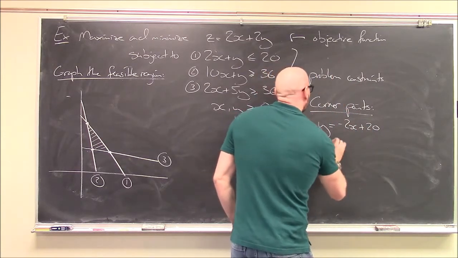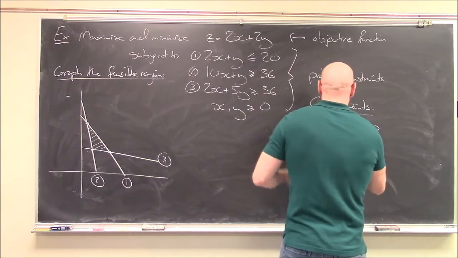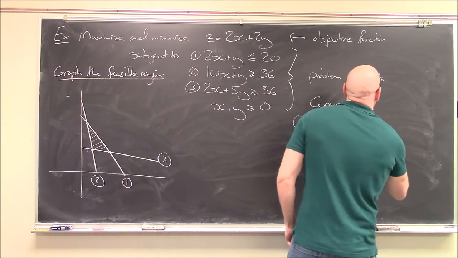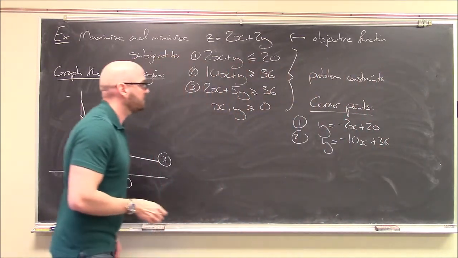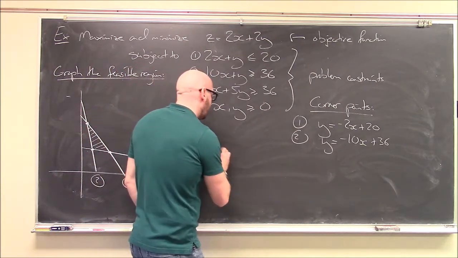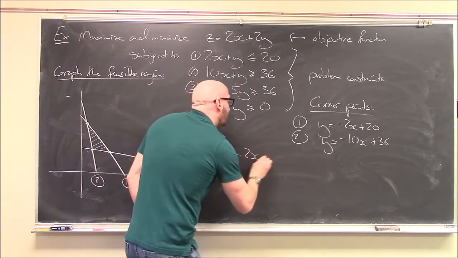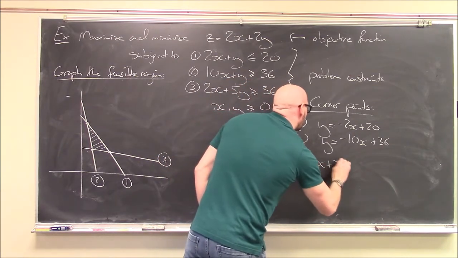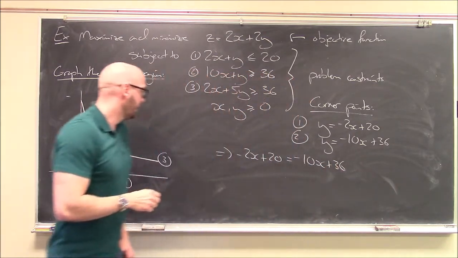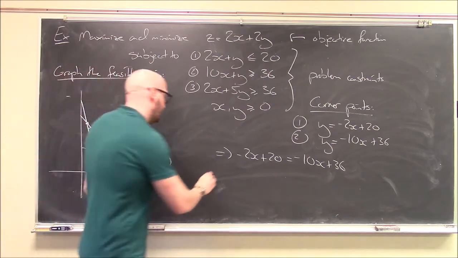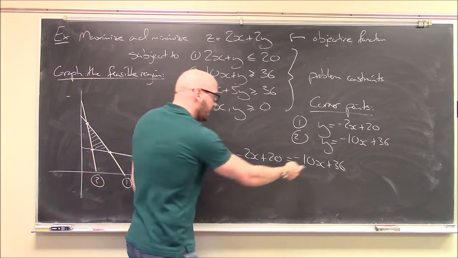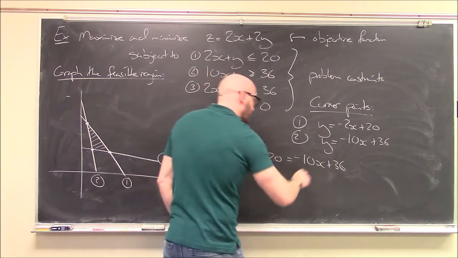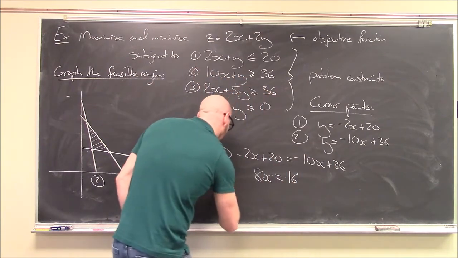Boundary line number 2 is y equals minus 10x plus 36. So setting them equal to each other, we've got minus 2x plus 20 equals minus 10x plus 36. And solving for x here, let's add 10x to both sides. 8x is equal to, subtract 20 from both sides, 16.